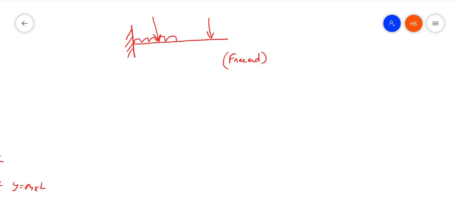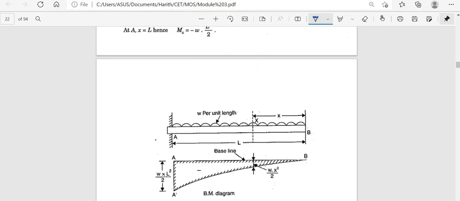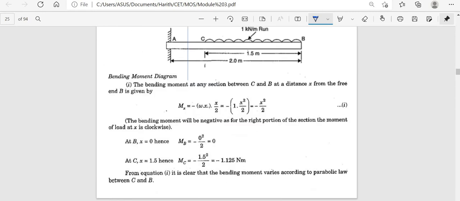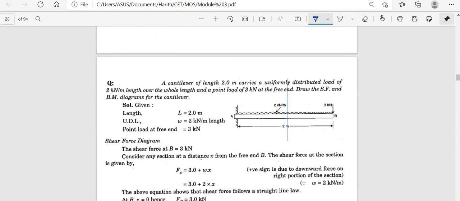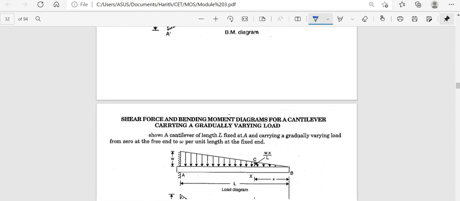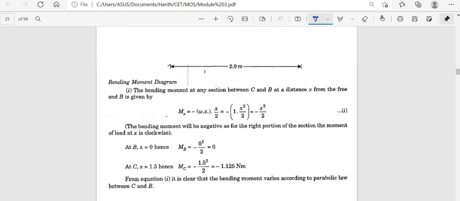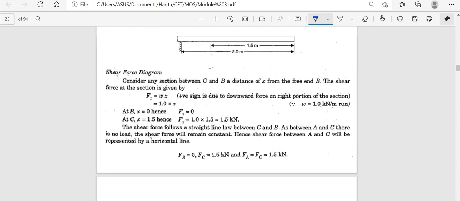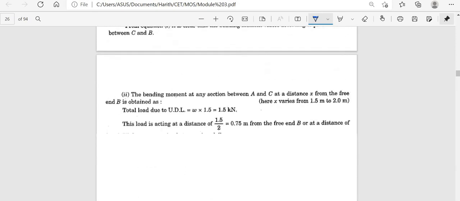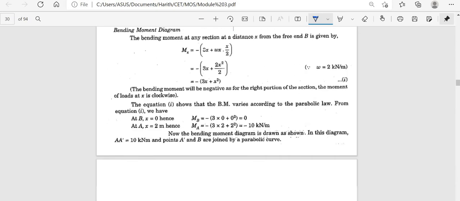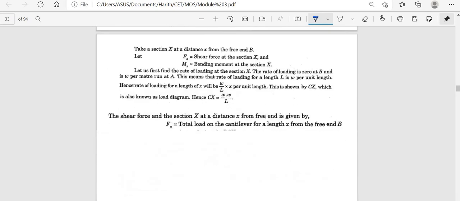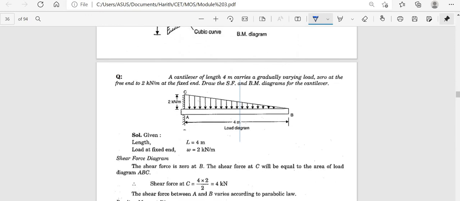Then another thing is that in some problems, I will just show one problem. So mainly you have to understand that from the free end only you have to draw the shear force and bending moment diagram.